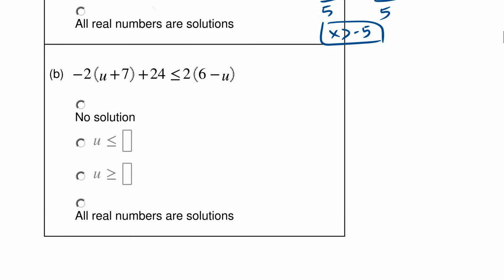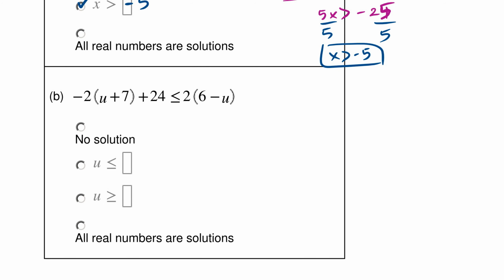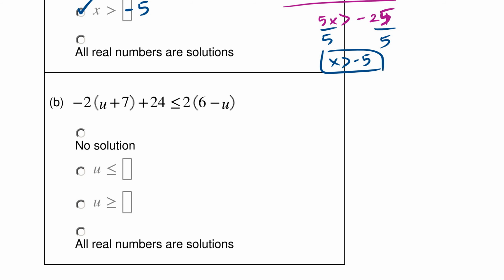Okay, problem B. So same idea. We're going to distribute it in. Negative 2 times u plus 7, plus 24, less than or equal to 2 times 6 minus u.